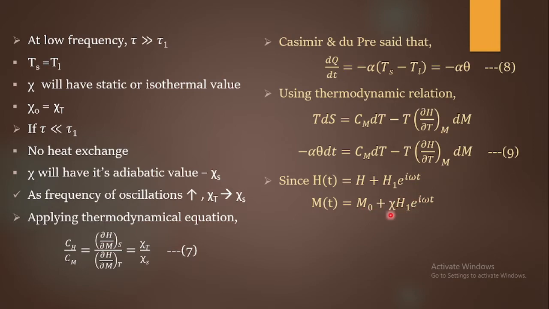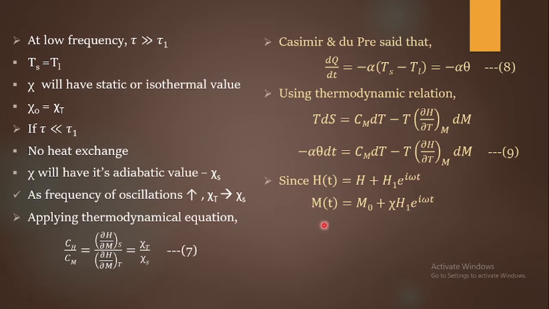Because we know susceptibility is M by H, so M will be equal to chi into H. So here it is H1. In this manner we can write the equation for field as well as magnetization, and both are relating to the temperature difference theta.